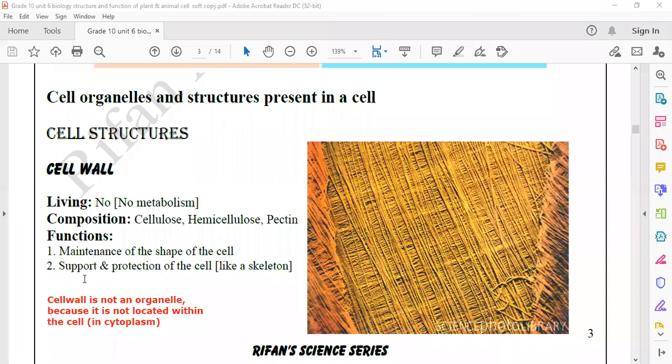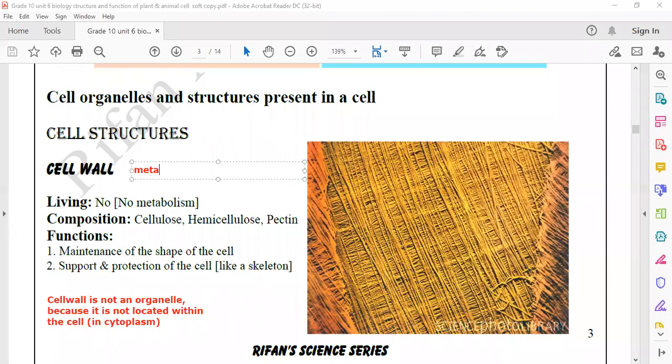Cell wall is taken as a non-living component. Why are we calling cell wall non-living? Because in the cell wall, no metabolic reactions take place.